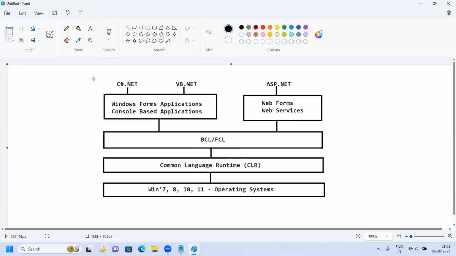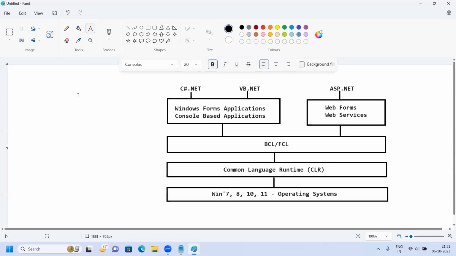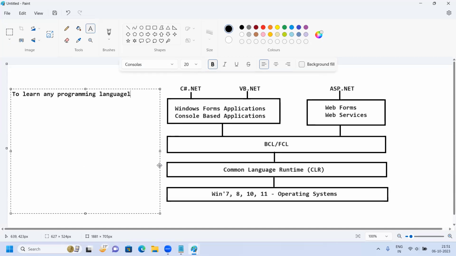One simple conclusion I'll have, a simple conclusion so that you could figure this out in an easy way. To learn any programming language, not just C sharp, any of C, C++, Java, C sharp, Python, any programming language, as a programmer you are required to focus on two things.